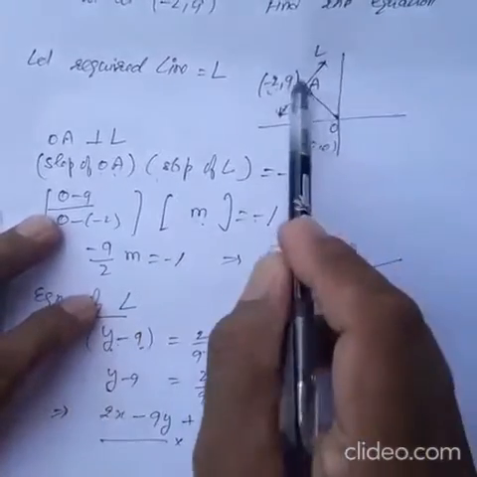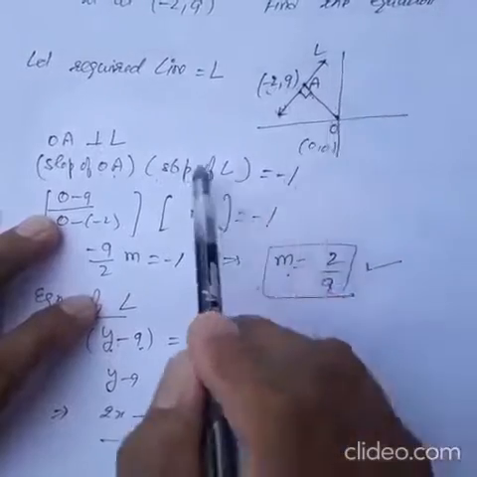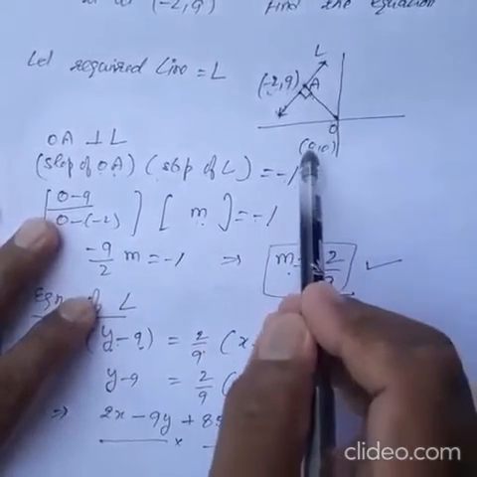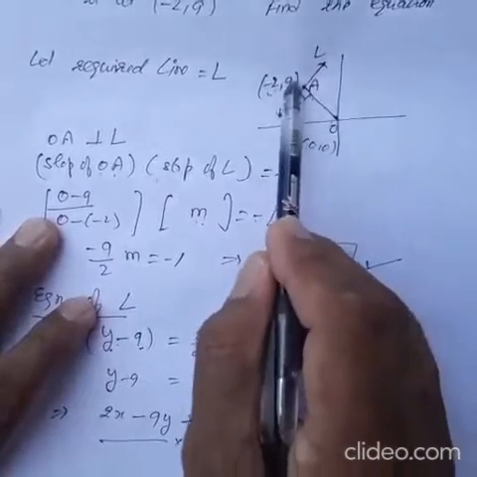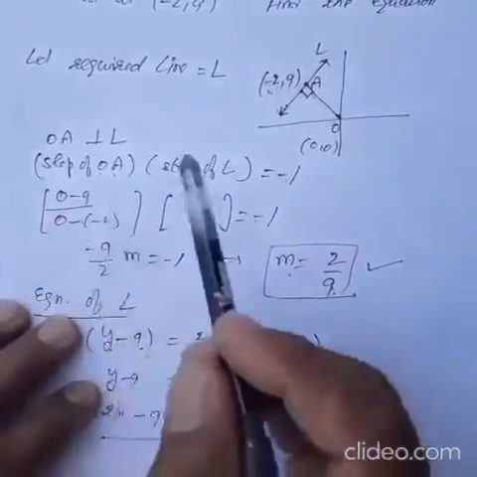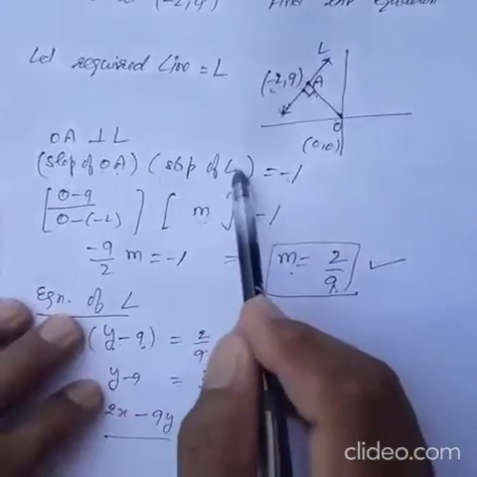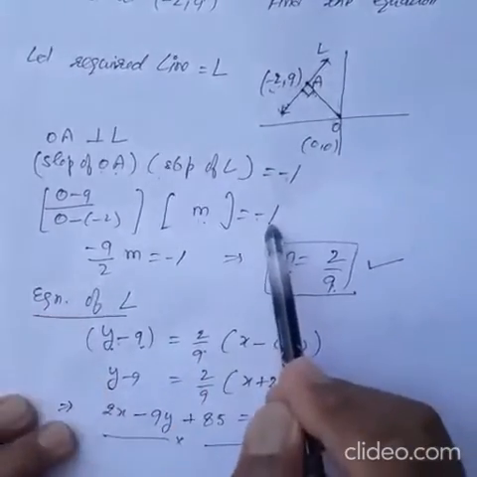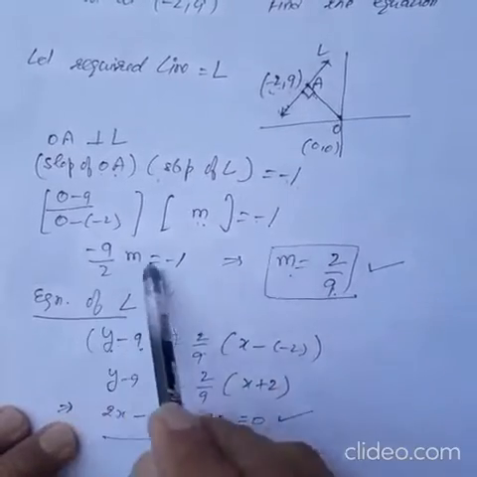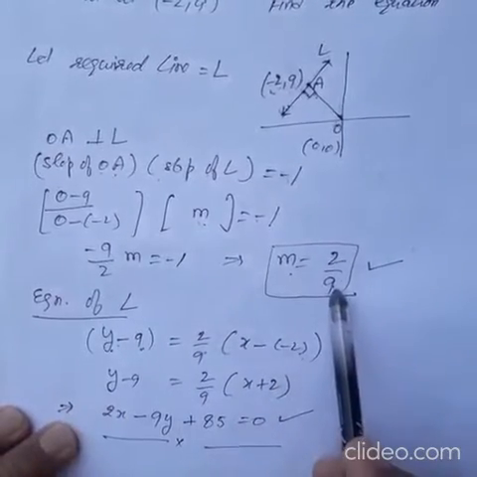The slope of OA can be calculated using the two-point form. O is the origin, with coordinates (0, 0). Let it be (x1, y1) and the other (x2, y2), so use y2 minus y1 over x2 minus x1. Times the slope of L, let it be m, which we want to calculate, is equal to -1. Now calculate the value of m from this; it is 2/9.